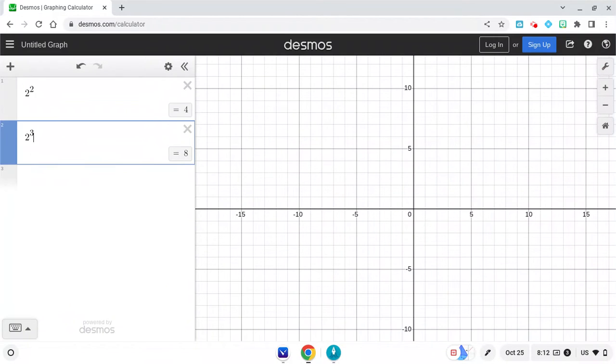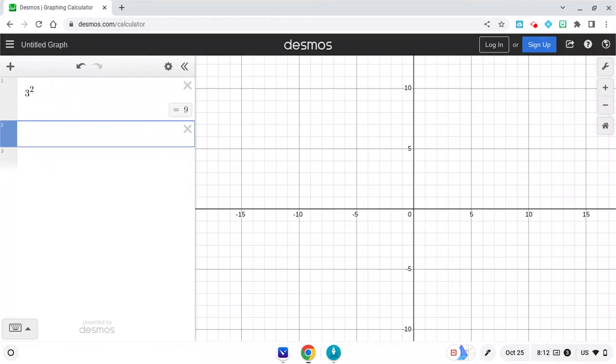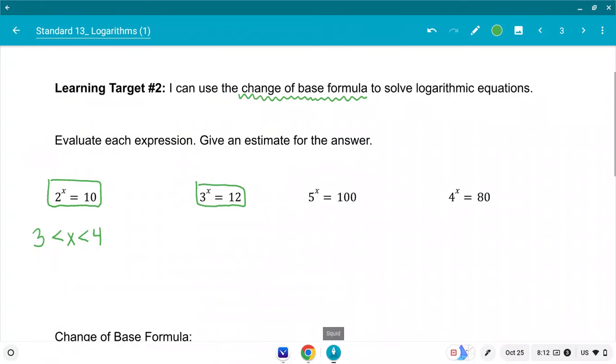Well, I know that 3 squared is 9, which is too low, and 3 to the third is 27, which is too high. I do not know exactly what the exponent is, but I do know it's in between 2 and 3. It's a decimal.